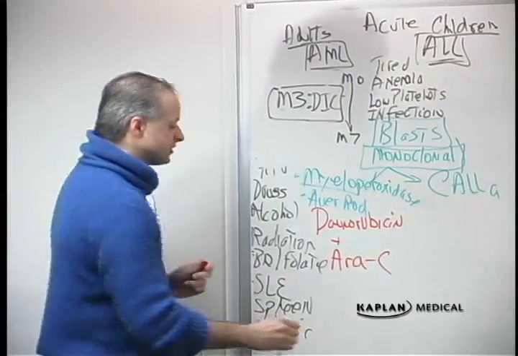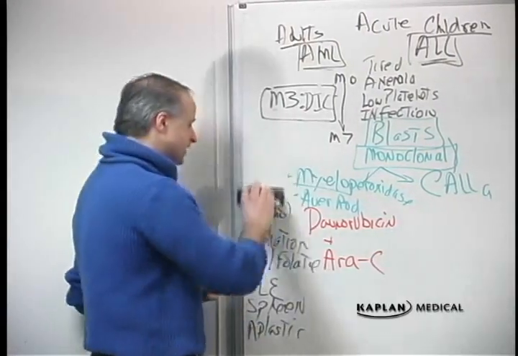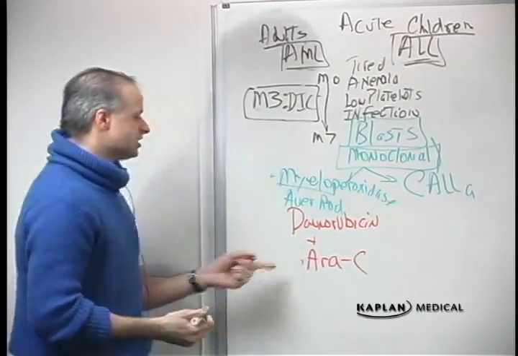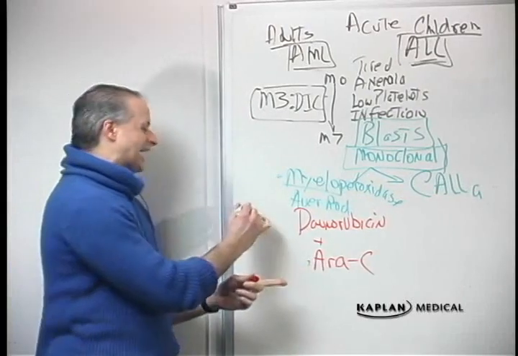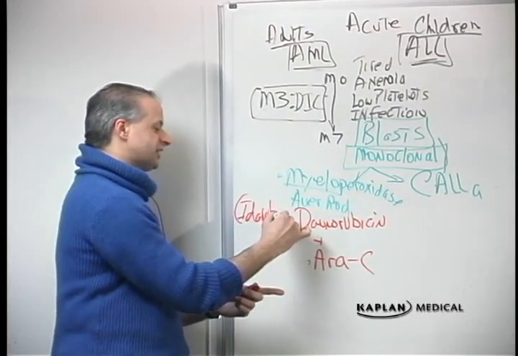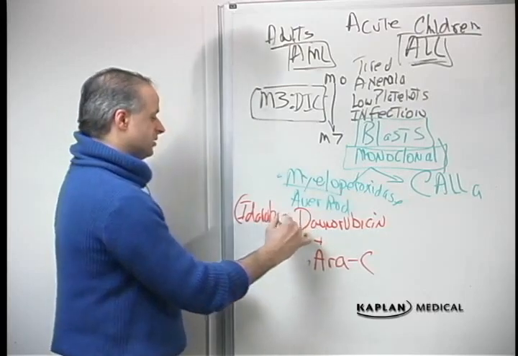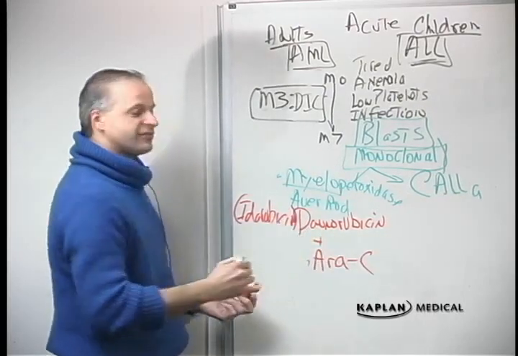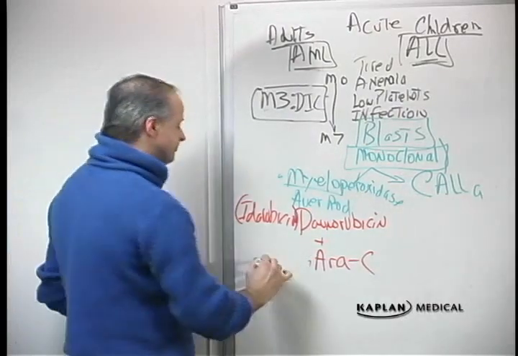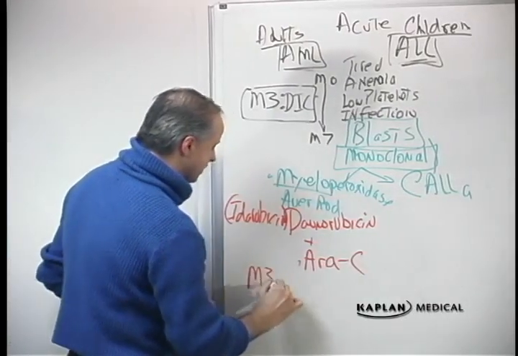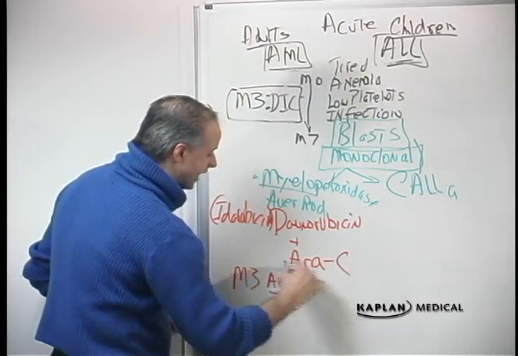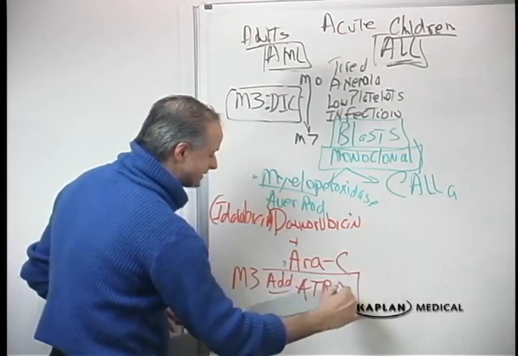So you don't need to know the difference because all of these are treated the same way, which is basically an alkylating agent like daunorubicin or idarubicin and cytosine arabinoside, except M3 gets added all-trans-retinoic acid.